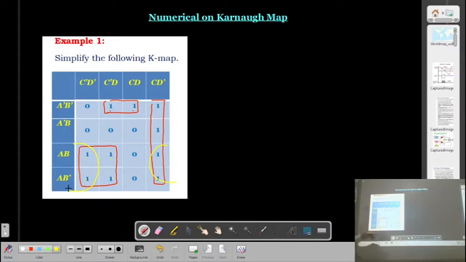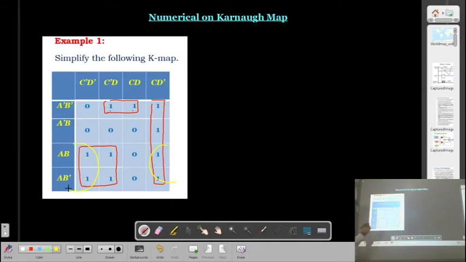But remember, these 2 high levels are already a part of one of the groups, and these 2 high levels are also a part of a group. So unnecessarily, you should not create one more group. So try to minimize the number of pairs or octets. Overlapping will not give you the simplified expression, and that's why here you should not go for this kind of quad.